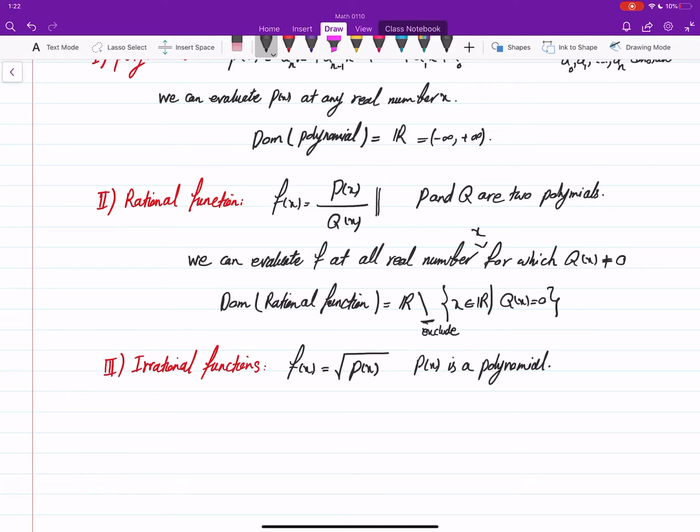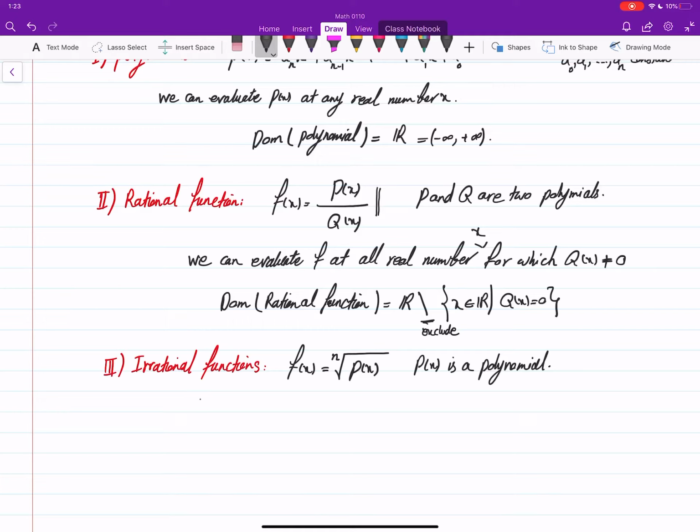Well, again, you can plug in any number you like for p(x). There is no problem with that. But what makes life miserable is when you have an nth root and n is an even number.